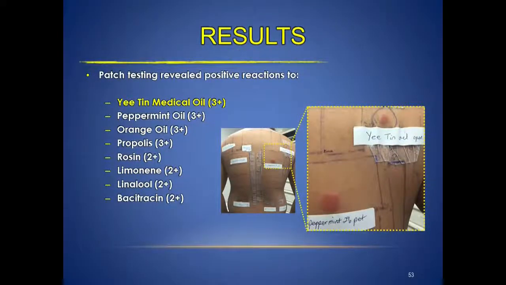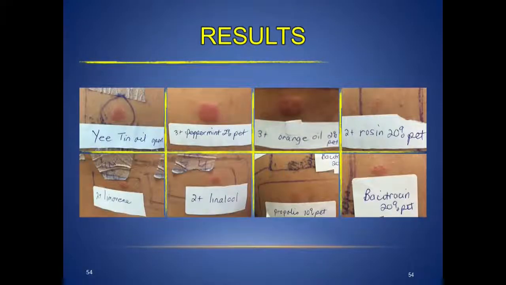We found out that ghee tin oil has a lot of stuff in it, but he was very allergic to all kinds of relevant co-reacting and cross-reacting allergens. He's very allergic to his own ghee tin oil, peppermint, orange oil, rosin, propolis, oxidized limonene and linalool, and bacitracin.